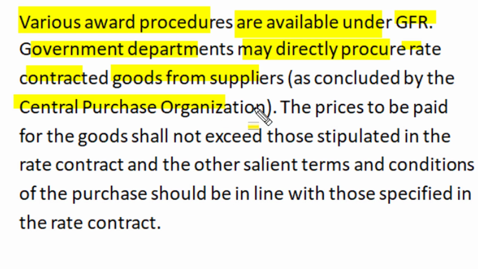Now in rate contract items, the prices to be paid for those goods shall not exceed the limit stipulated in the rate contract itself, and the purchase process has to follow other terms and conditions of purchase as mentioned in the rate contract. So rate contracted items can be purchased directly by government departments from suppliers registered with the CPO on rate contract, and no other formalities are required, and both prices and terms and conditions for supply are already mentioned in the rate contract.